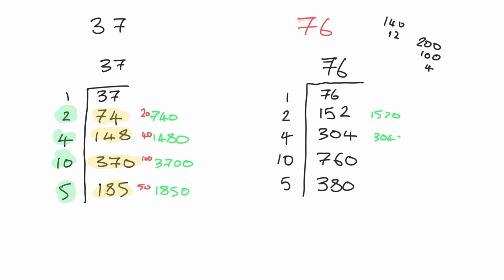That's going to be 3,040, 7,600, 3,800. So again, I know that that's 20 lots, that's 40 lots that I can take away, that's 100 lots that I can take away, and that's 50 lots. You might not need them, but knowing that that's there, multiplying by 10, seeing that 0 appear at the end is going to help us.